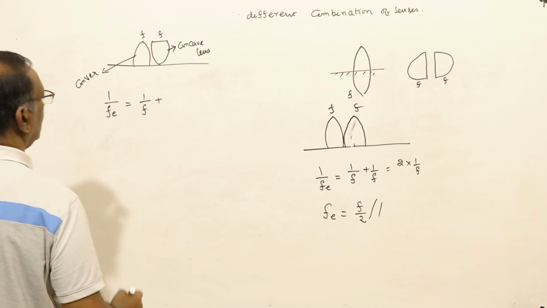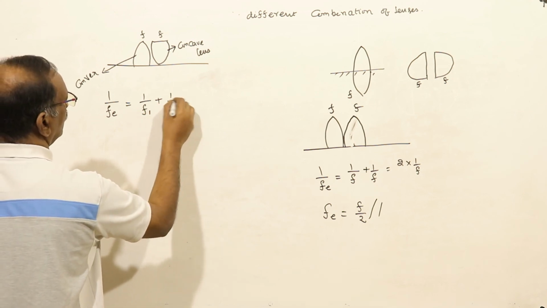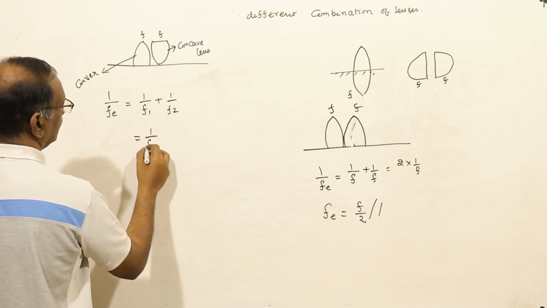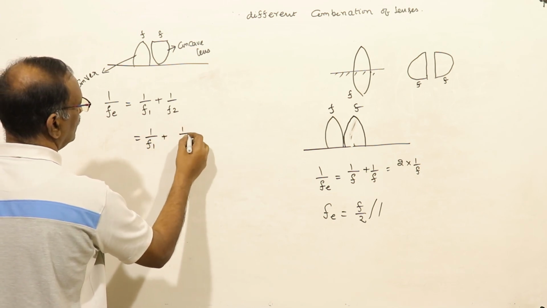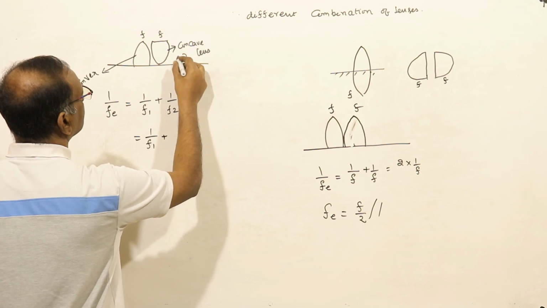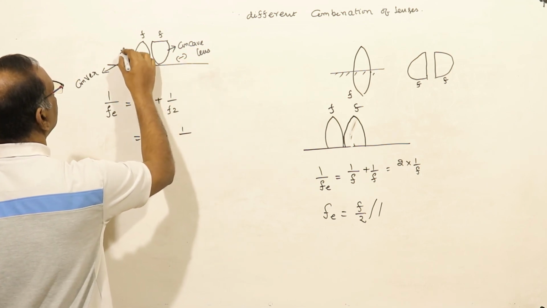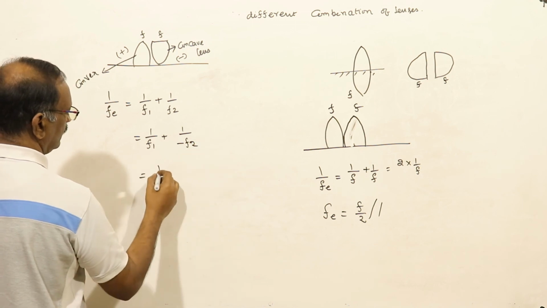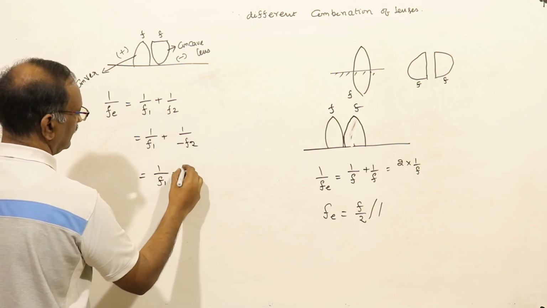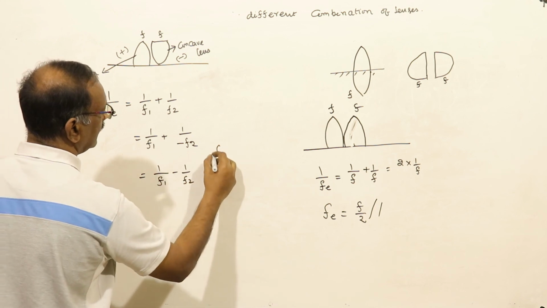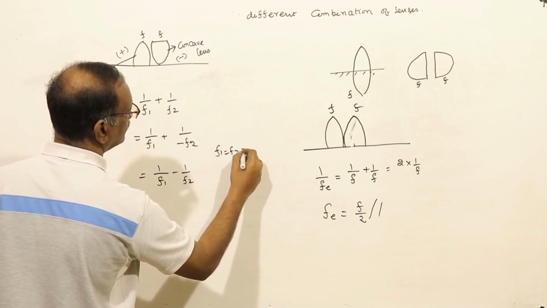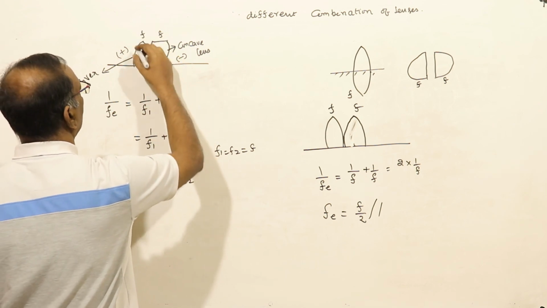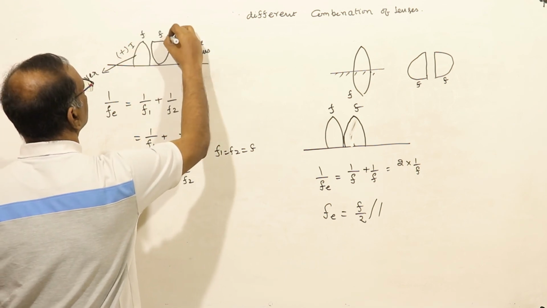So 1/f1 plus 1/f2, since d is equal to 0, is 1/f1 plus 1/(-f2), because for the concave one the focal length is negative, and for the convex one it is positive. That is 1/f1 minus 1/f2, and since f1 equals f2 equals f, each is f.